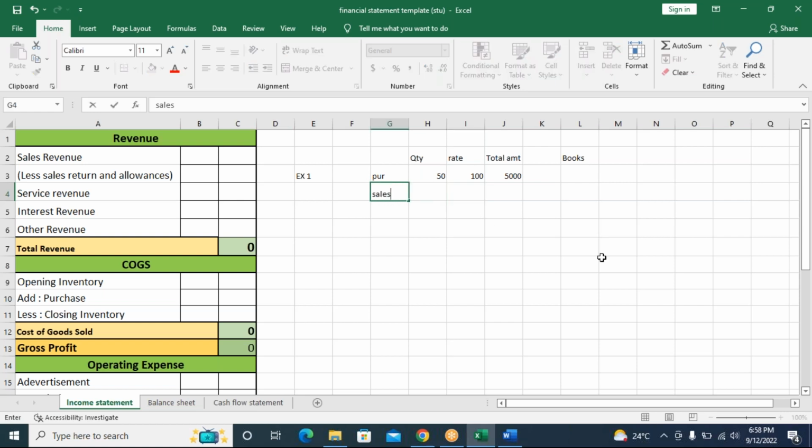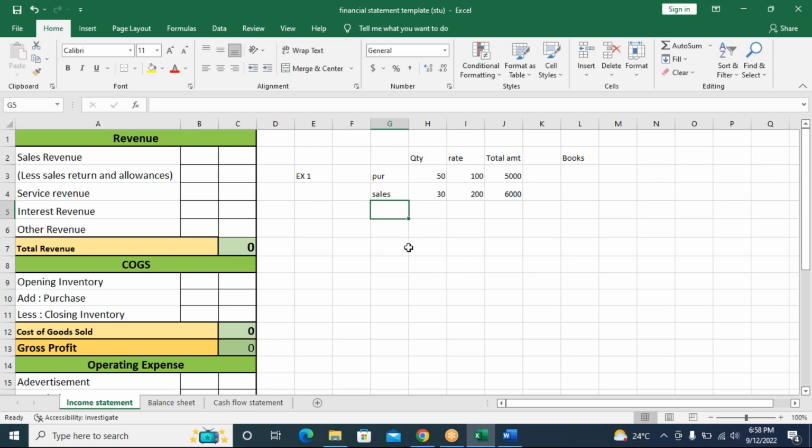So now I'm making the sales, where out of 50 books I'm selling 30 books, and the cost per book I'm selling at is 200. So now what will be my sale price? That will be 30 into the selling price.